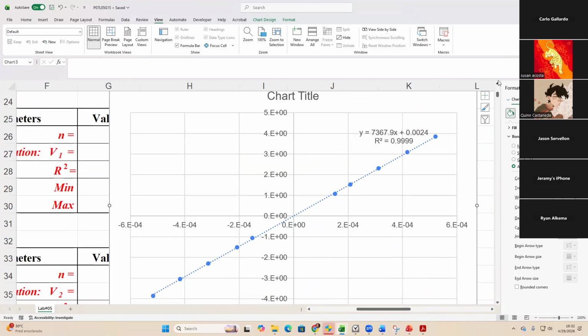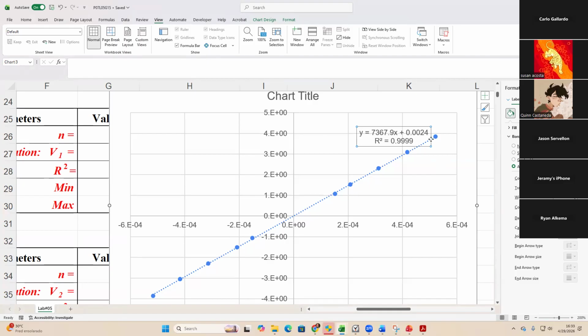How many decimal places do you have there, Carlo, for your R squared? Well, either way, let me give you the solution here.